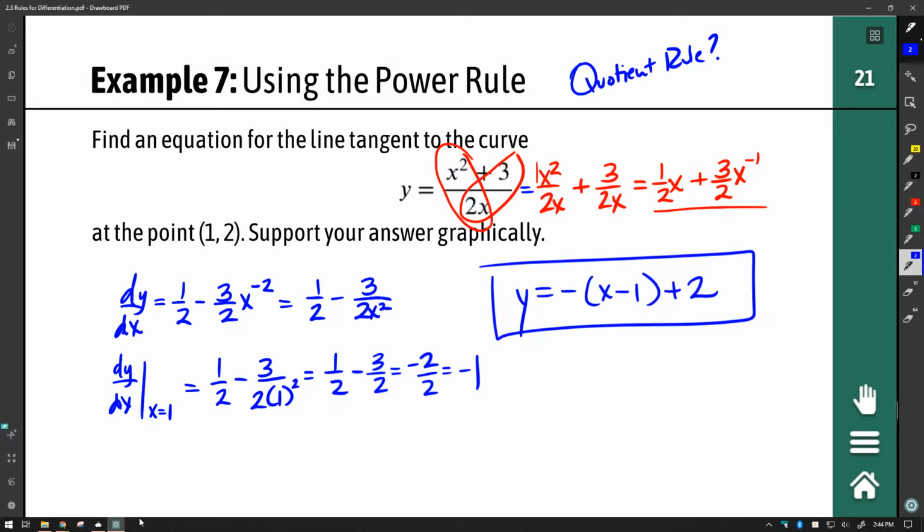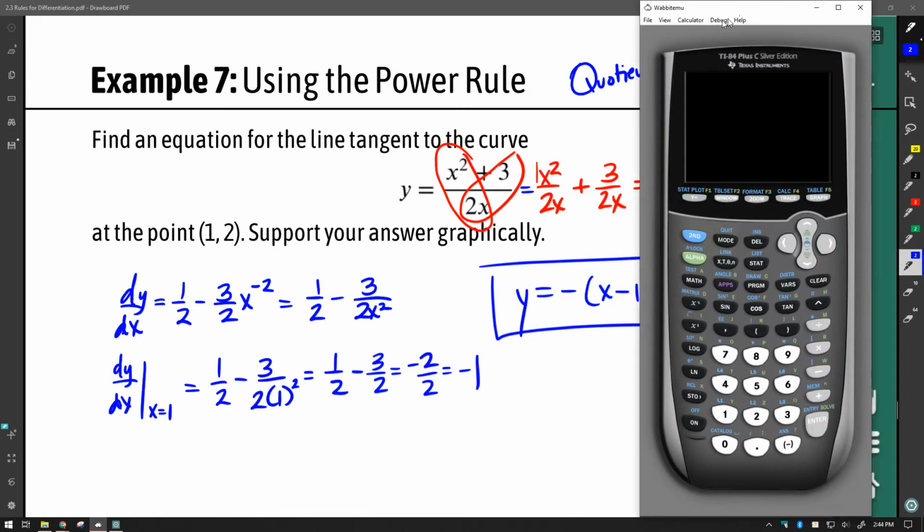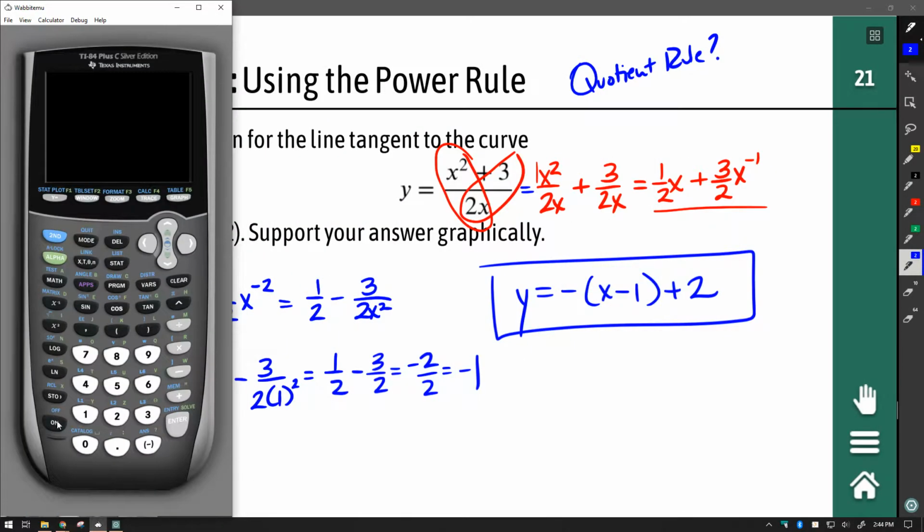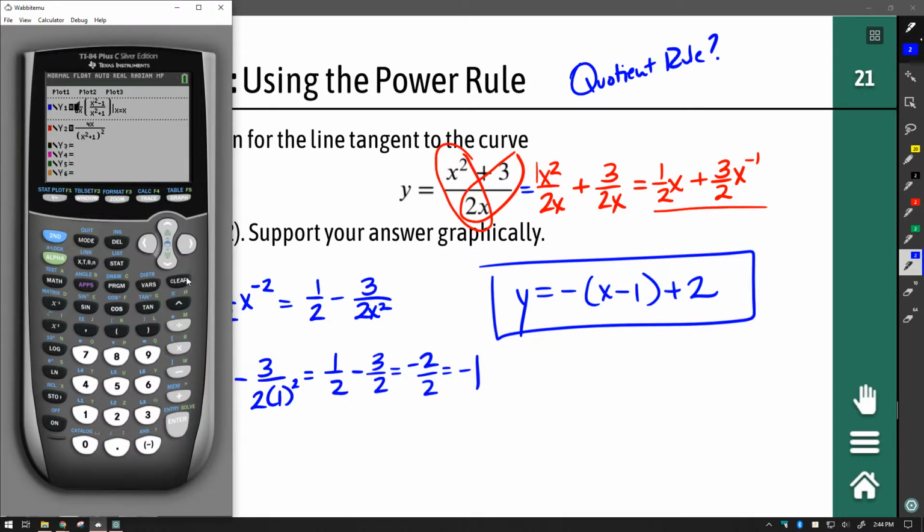And we want to confirm this graphically, so let's pull back up our calculator and let's put it over here. Turn him on, go to the y equals screen. Let's graph our function, which is (x squared plus 3) over 2x.